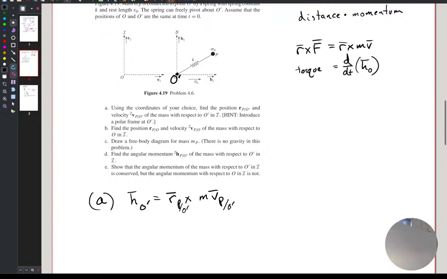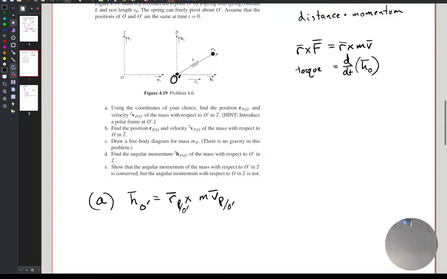When you work this out, R cross F ends up being torque, and torque times time gives the change in angular momentum.